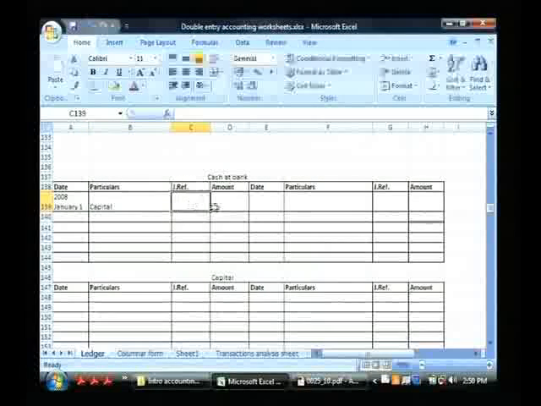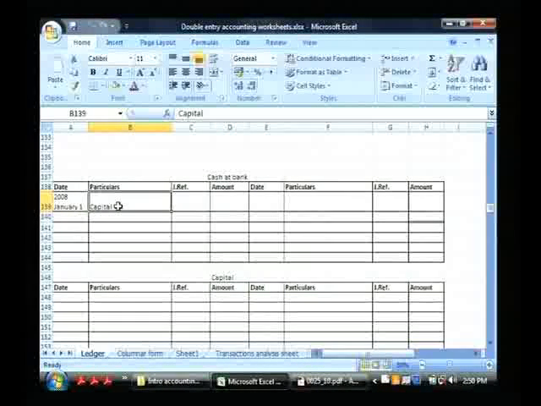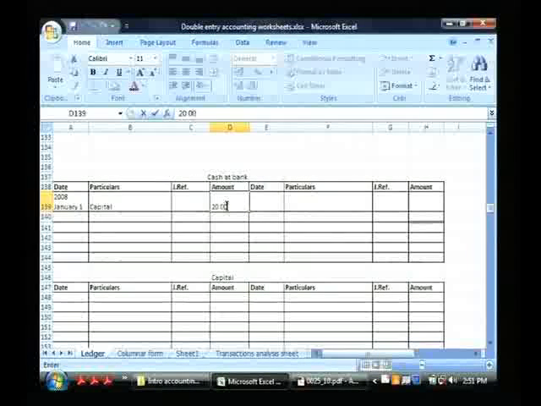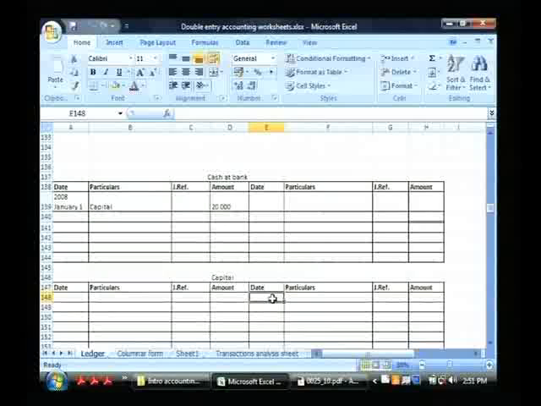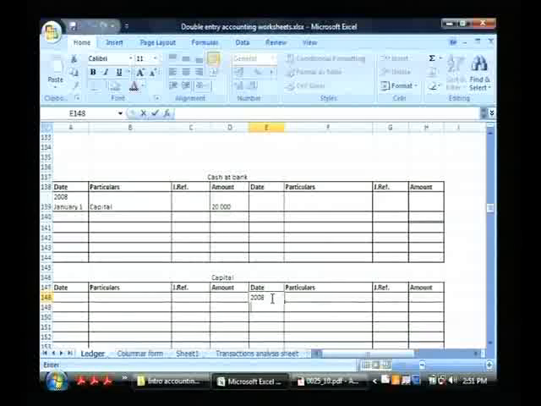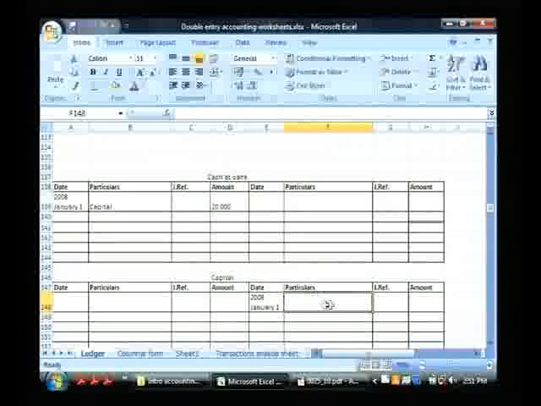I am not going to explain each and every transaction, as you know how to make double entries. Be careful, record them on the correct side of the account and in the correct account, and complete the particulars column using the principles I have explained earlier. Cash at bank 20,000, capital account credit.